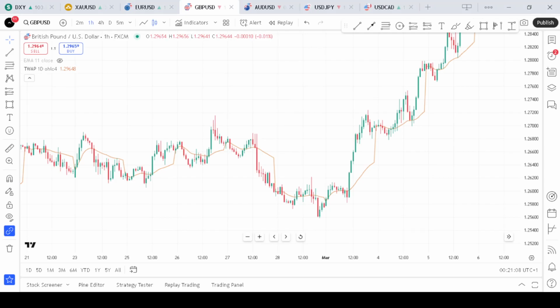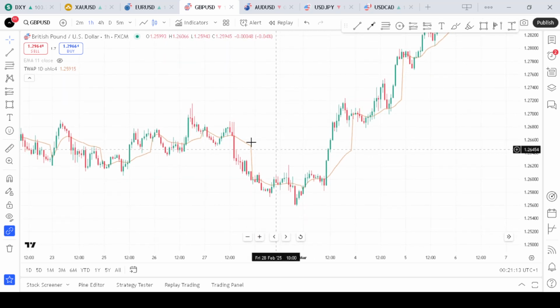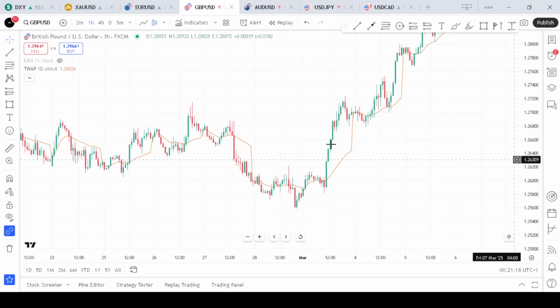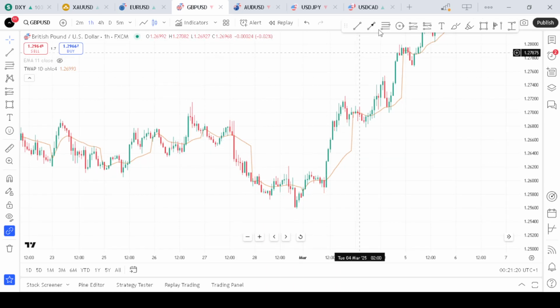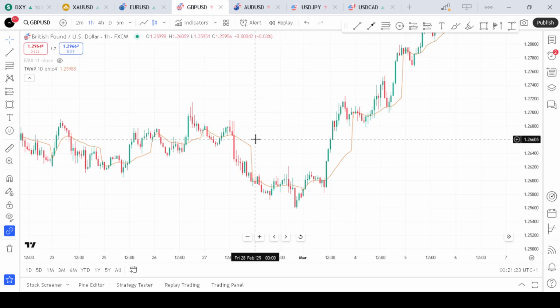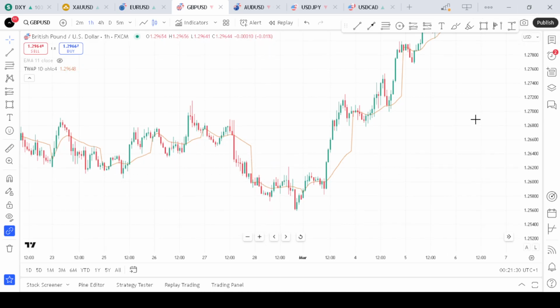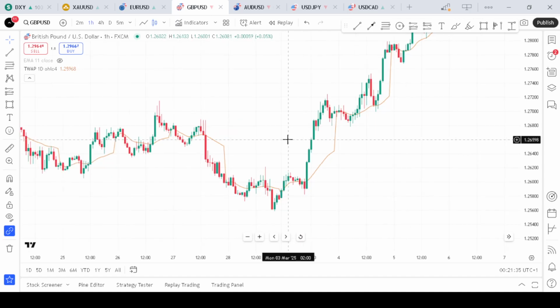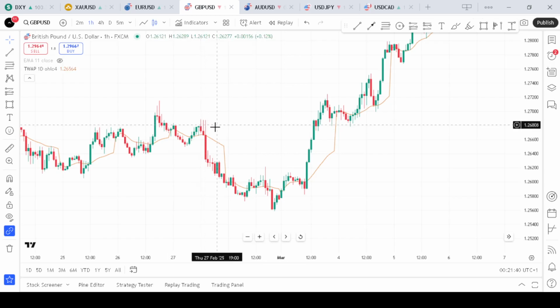Remember, one lot is equal to 100,000 units. So using a lot size of 0.5 to trade over 5 hours, you can sell 10,000 units each hour, meaning you'll be using a 0.1 lot size in your hourly time frame.